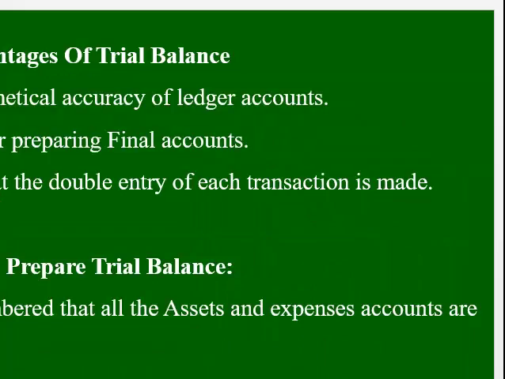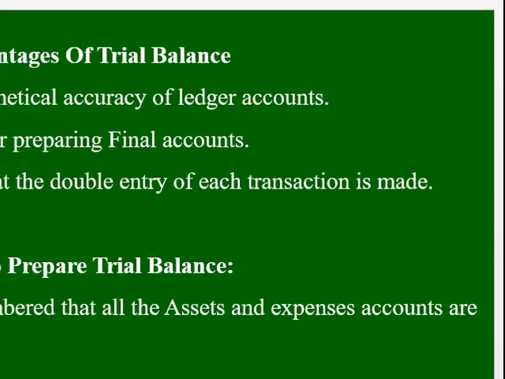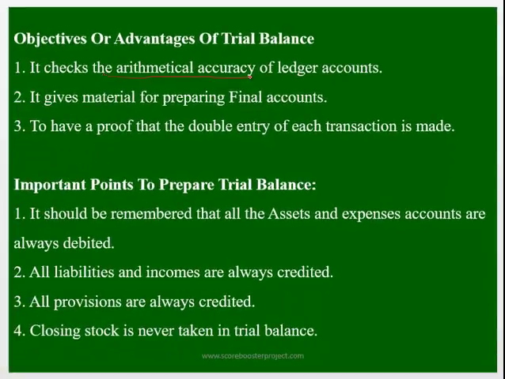Why do we prepare a trial balance? What are the objectives of having a trial balance? The trial balance is just for us to check the arithmetic accuracy of our ledger accounts. That is, when we open all the ledgers for purchases, stationery, wages, office expenses, sales, debtor, creditor, we post from the beginning of the accounting year to the end of the accounting year into these various accounts.